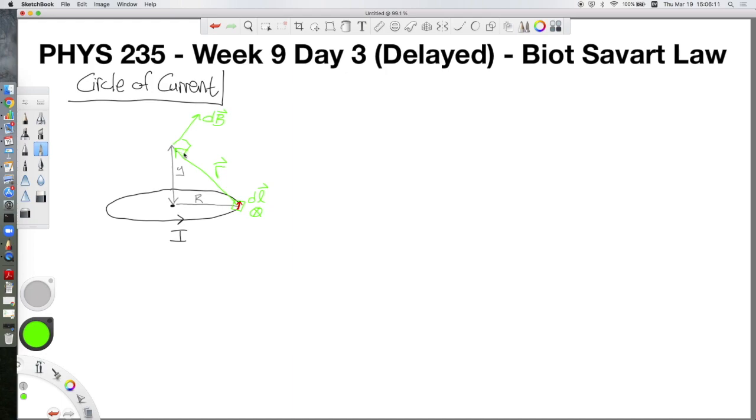Now, to show why this actually helps us and makes our life easier, let's consider a small chunk of current on the opposite side. Here, your dl will be coming out of the board straight at you, or kind of attempting to draw this on our diagram this way. We will have, again, an r vector.